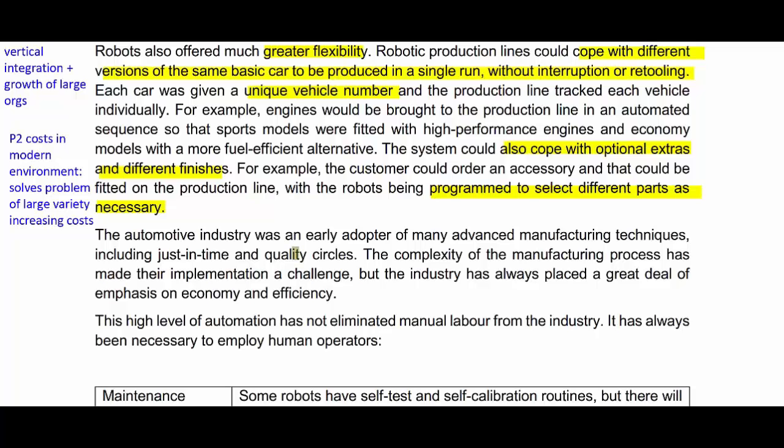And then we're told a little bit about some of the philosophies that the automotive industry follows. We're told that they were an early adopter of advanced manufacturing techniques such as just-in-time and quality circles. So these are very, very important for this particular industry. We're going to see plenty of mention of just-in-time throughout this pre-seen.